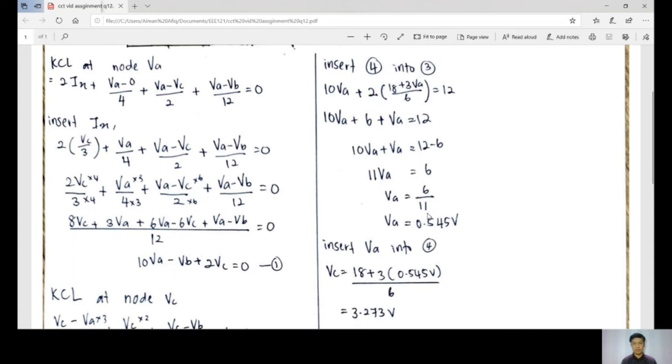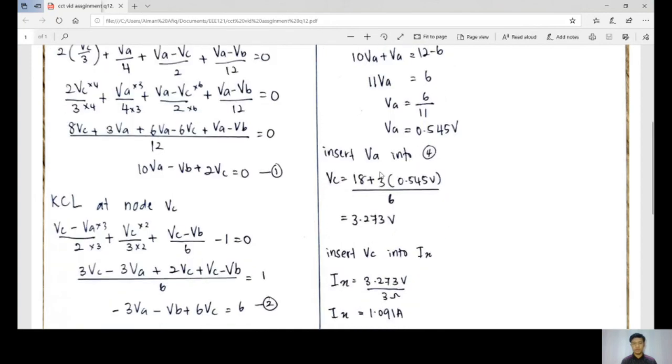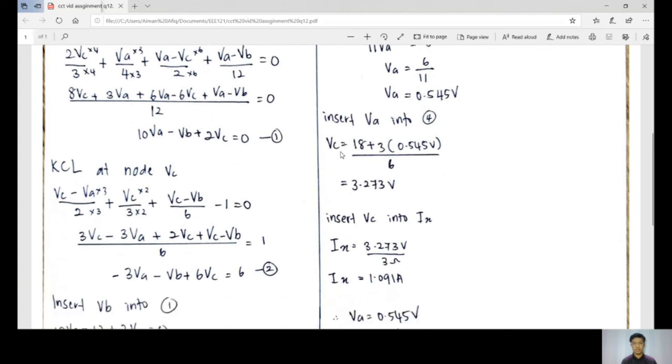And then we calculate the value, and we get VA equal to 0.545 volt. We insert the value of VA into equation 4, and we get VC equal to (18 plus 3 times 0.545, which is the value of VA) over 6, and we get 3.273 volt.